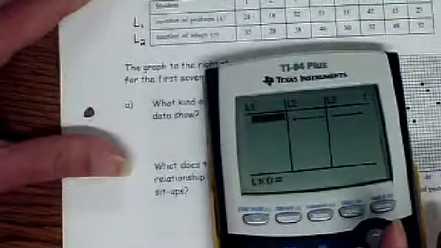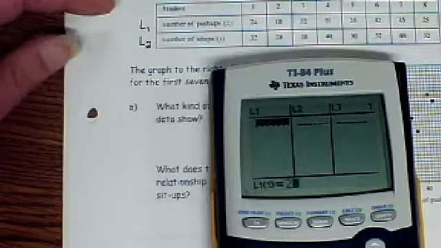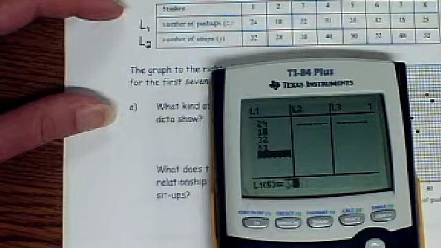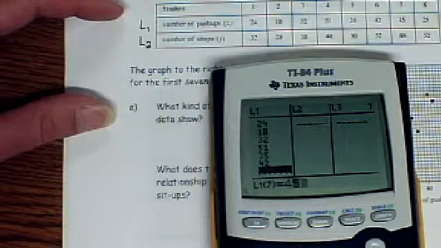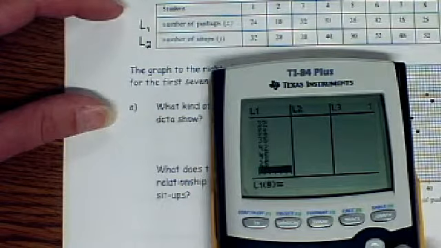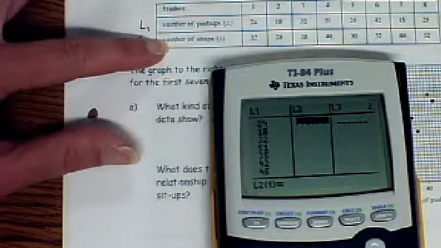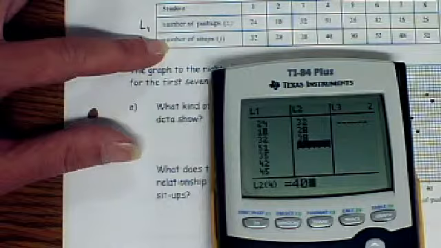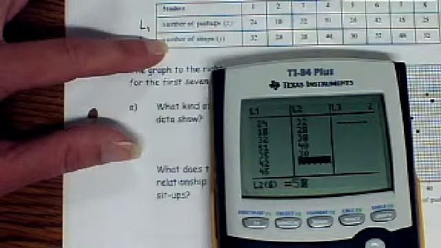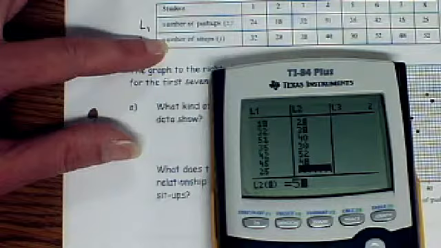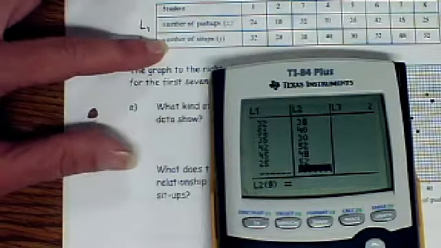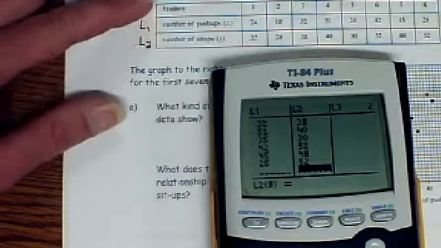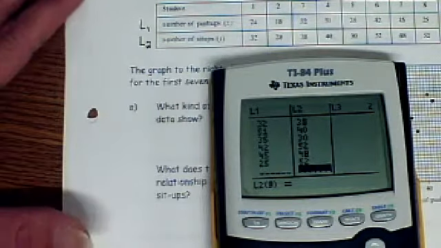So L1 is going to be the number of push-ups. And then in L2, we're going to put the number of sit-ups. If we need to pause the video here while people get the calculators set up, that would be fine.